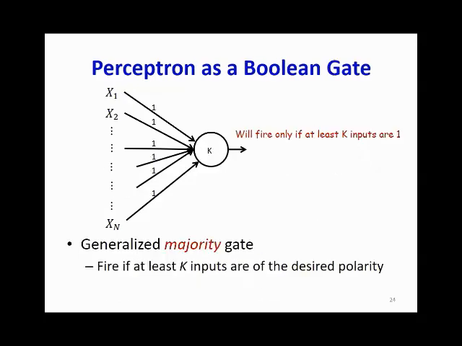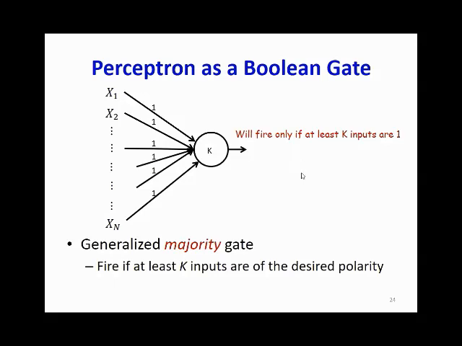Or here is a generalized majority gate. This will fire if at least k inputs are 1. You can see why. All of them have weight 1. If at least k of these guys are 1, the total input coming in is going to be k, and this will fire.